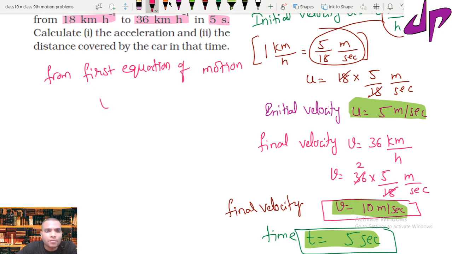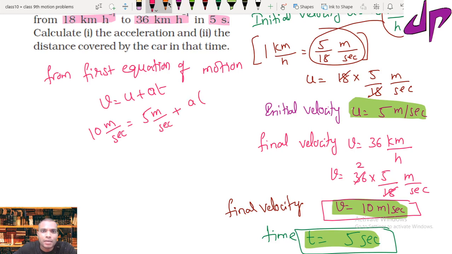I can write v equal to u plus at. So we have final velocity 10 meter per second and initial velocity 5 meter per second, plus acceleration, which I need to find, and time 5 seconds.